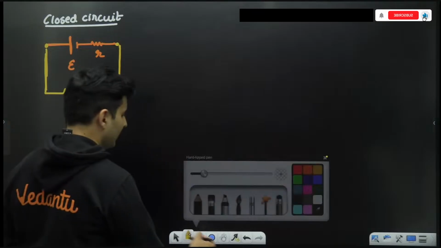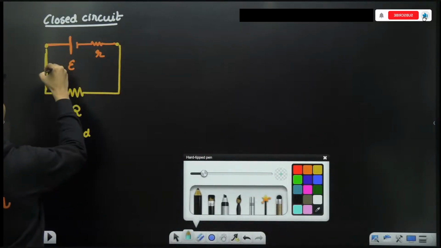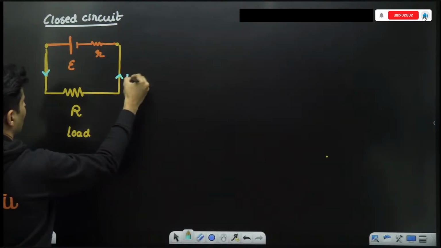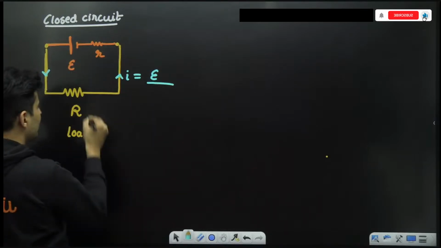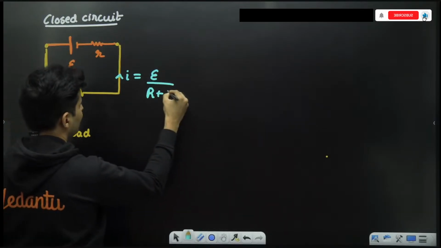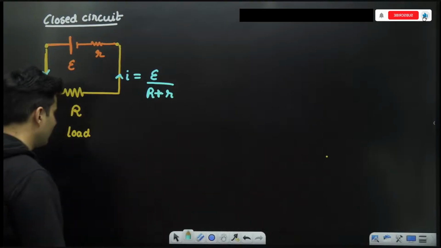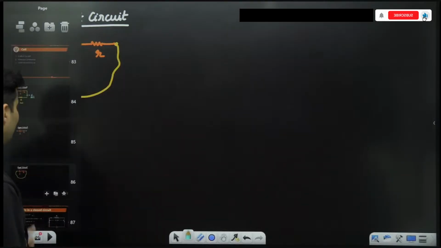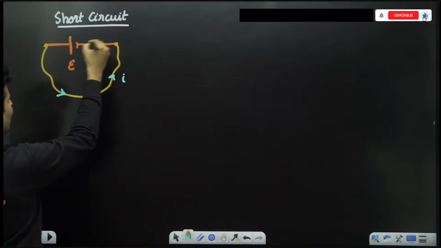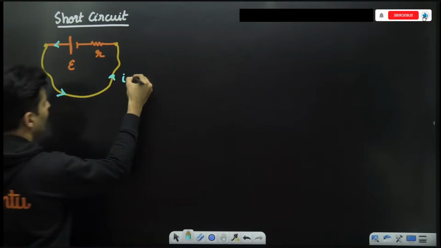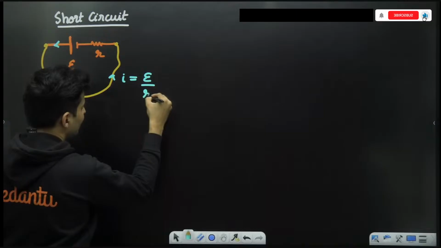When you have a closed circuit, the current will go like this, and this current will be the total voltage divided by the equivalent resistance, which is R plus R. But the moment you have a short circuit, the current which you are expecting to go through this battery is the voltage divided by this resistance.